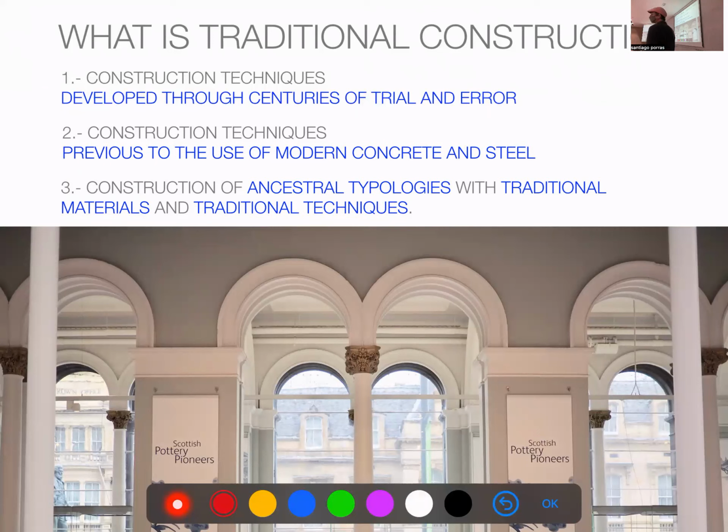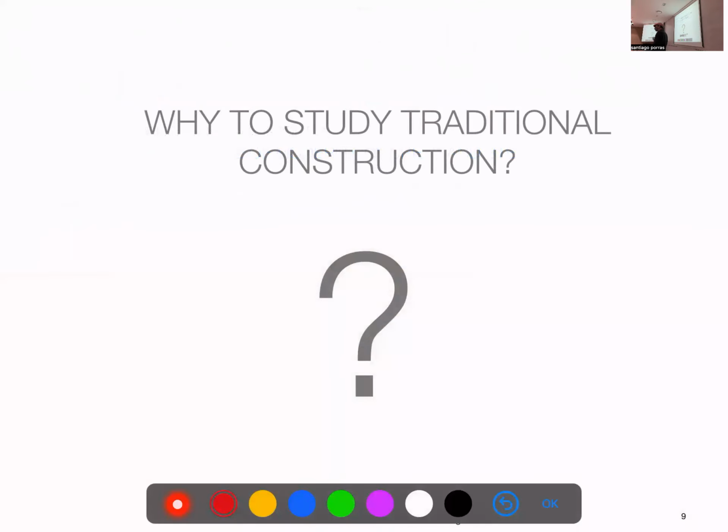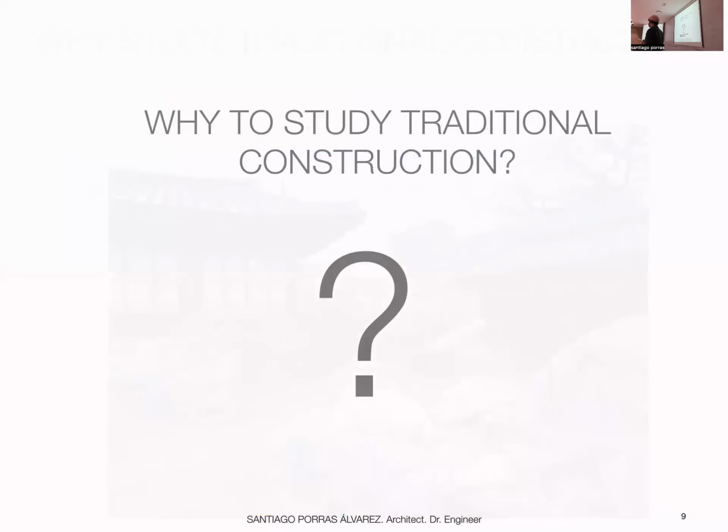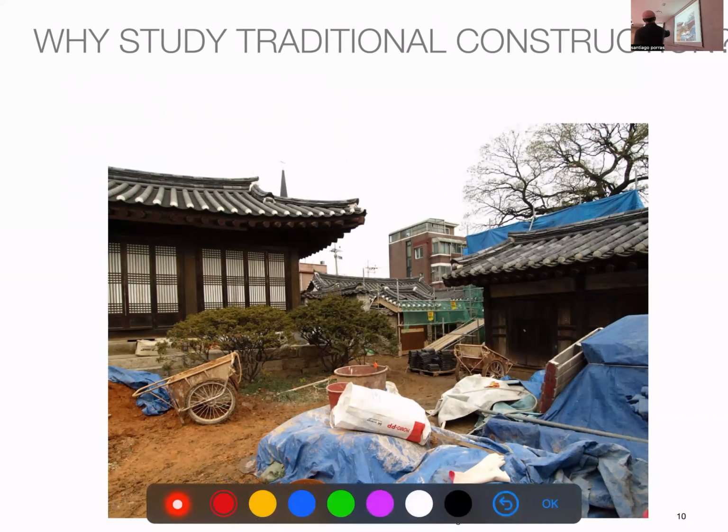The second question, this is not exam question, so don't worry, just to give some context. Why we should study or be aware of traditional construction? Well, there's several reasons. I can think about 3 mostly. First, this is here in Seoul, Myeongyundang, the old Confucian school, which is originally 14th century building.